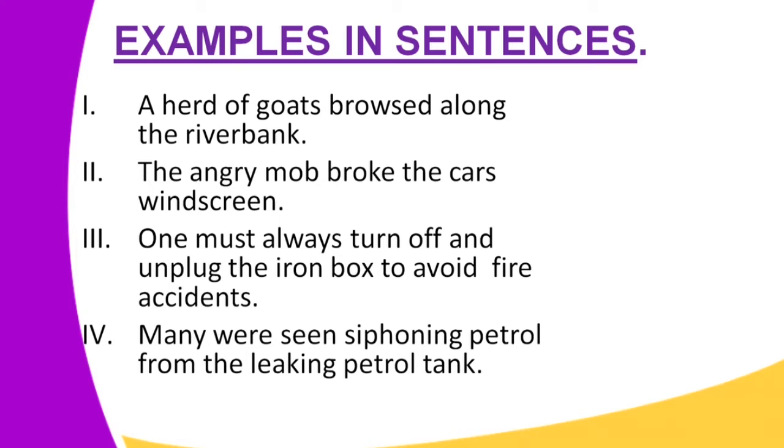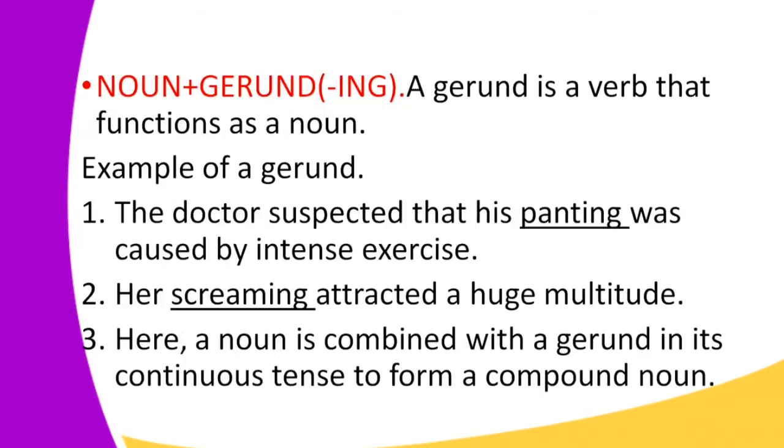Next, many were seen siphoning petrol from the leaking petrol tank. We have the compound noun petrol tank. Having looked at that, let's look at the other way that we can form compound nouns. The other way is combining a noun and a gerund in its ing form, or continuous form.